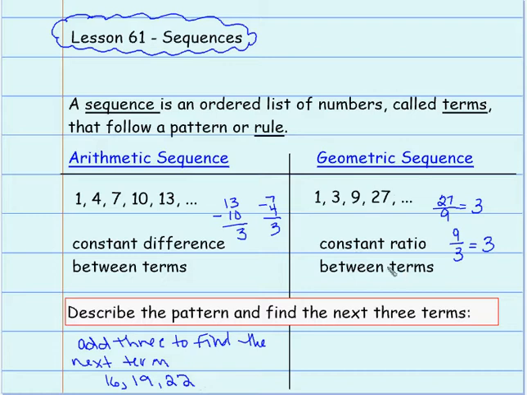In the geometric sequence, we're not adding anymore. Hopefully you can see, because we did some division here, we're really multiplying each of these terms by 3 to get the next term. So we would write multiply by 3 to find the next term.